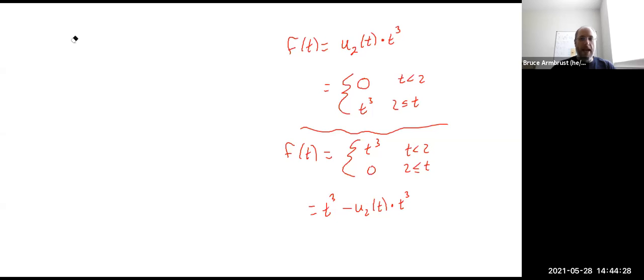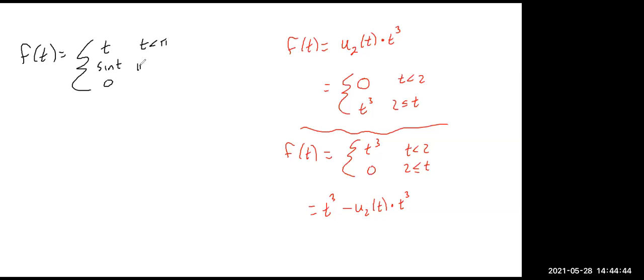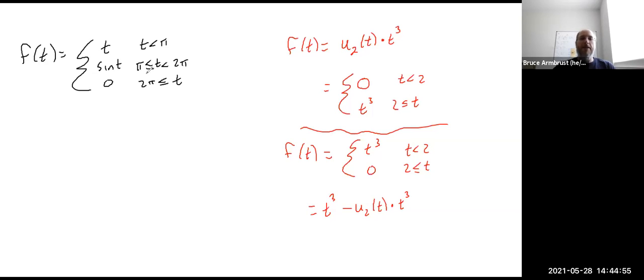It was originally t sine t and 0. If not, we're going to go with it. Yeah, it was. Okay, so let's think about first, we've got t.